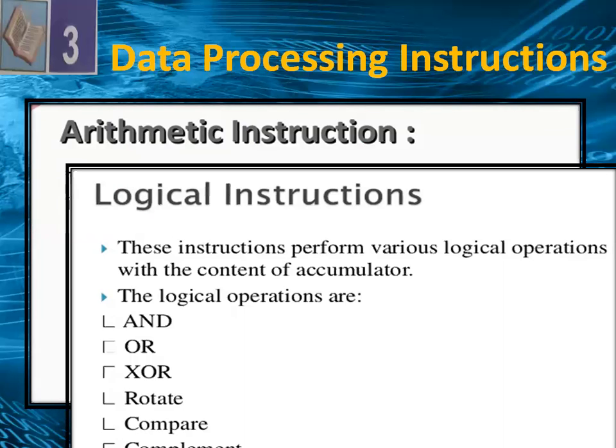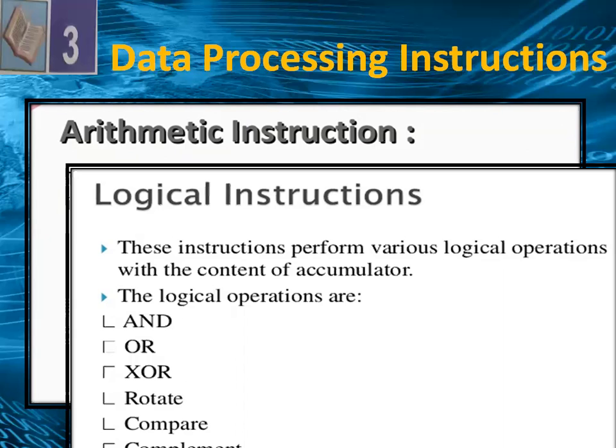Logical instructions basically perform various logical operations with the content of the accumulator register. The logical operations are AND, OR, XOR, rotate, compare. So logical instructions are used to perform comparison and logical operations.